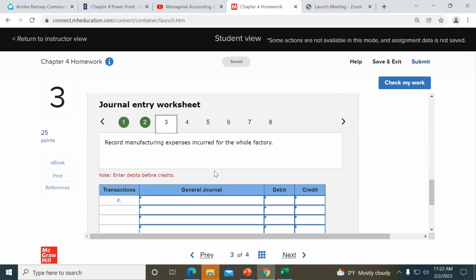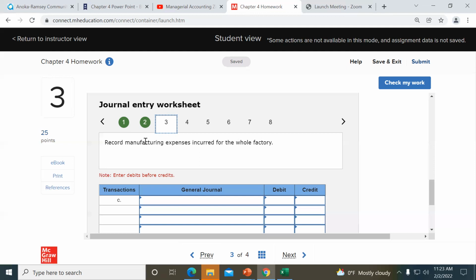Next one, record manufacturing expenses incurred for the whole factory. So manufacturing expenses incurred for the whole factory. 181. $225, it says, credit accounts payable.